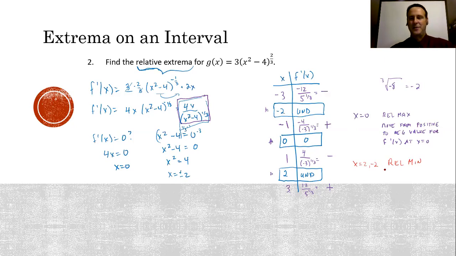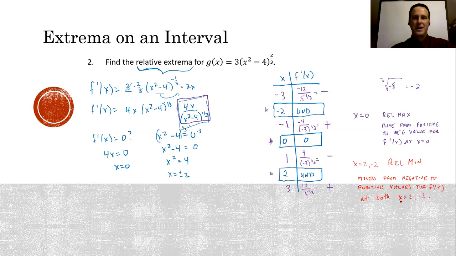And so what I'll say is we moved from negative to positive values for f prime of x at both x equals 2 and x equals -2.